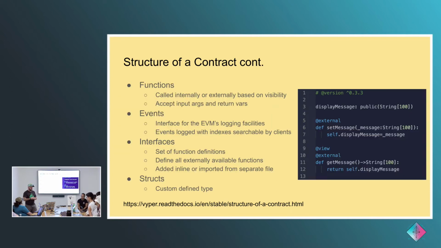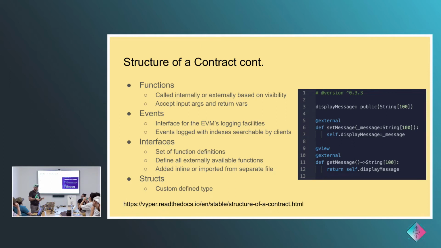Functions can be called internally or externally based upon their visibility, so whether you have the @internal or @external decorators. We'll look at it in a moment. They accept input args and return variables. Events are interfaces for logging events, and they can be indexed so that they're searchable. Interfaces are the set of functions defined for all externally available functions.